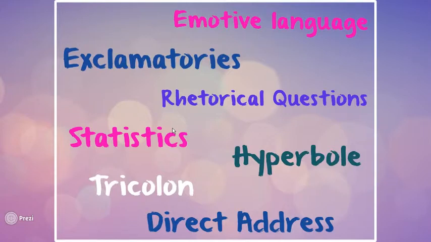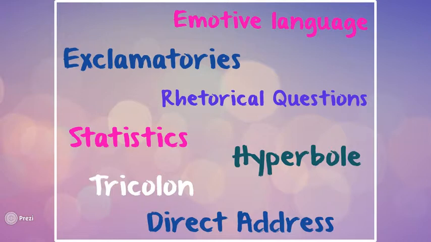If we just pan over now to the more persuasive techniques, these are the sorts of things that you might be thinking about using in the writing side of paper 2, because these are the techniques that are used to persuade your reader.